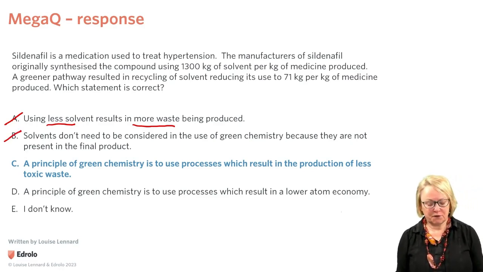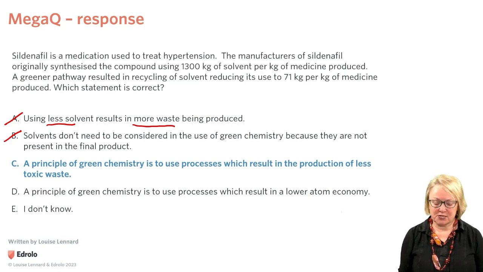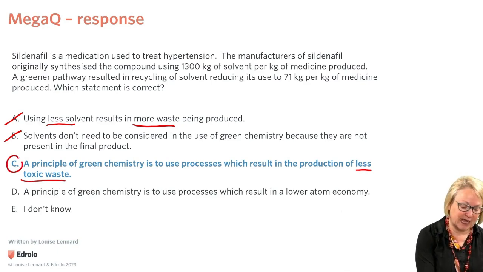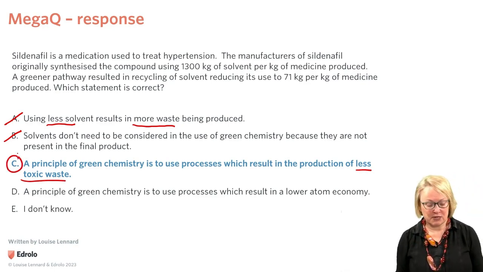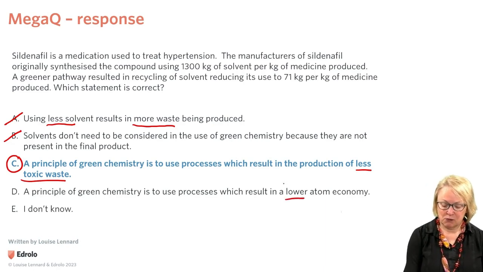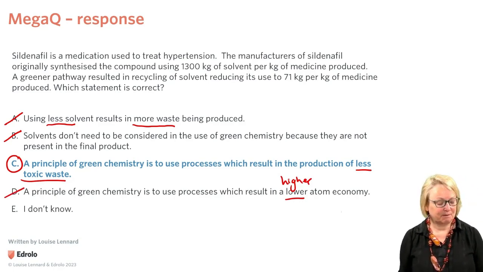C, a principle of green chemistry is to use processes which result in the production of less toxic waste. Yes, that is a principle of green chemistry. So C's looking good. And D, a principle of green chemistry is to use processes which result in a lower atom economy. We want a higher atom economy. So D is incorrect. Our answer is C.